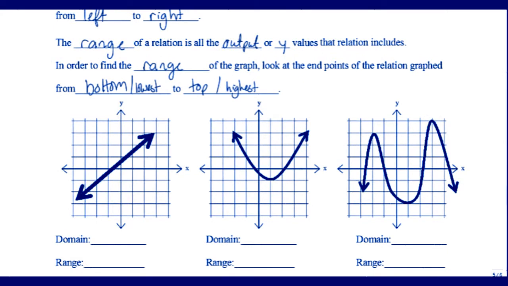Notice that we have arrows. This means that the function keeps going in this direction forever to the left and forever to the right. I would like you to first look at your arrows, and if they are going not vertically or horizontally, but at an angle, I want you to think about each of these arrows as two components.